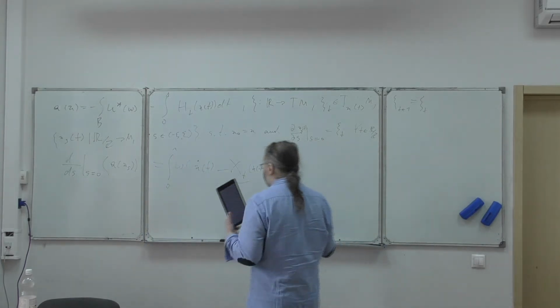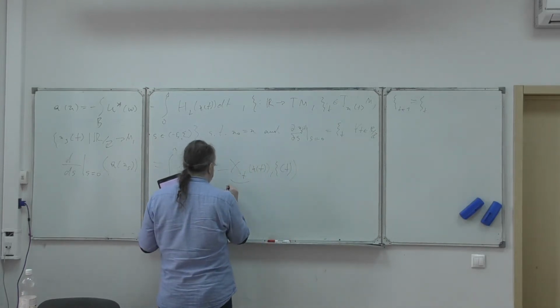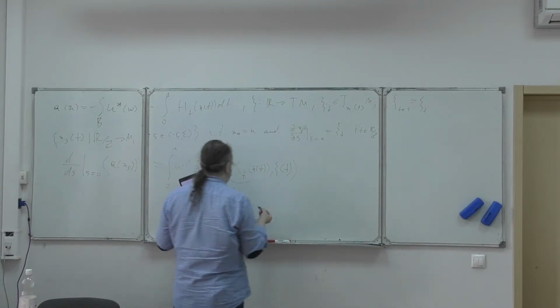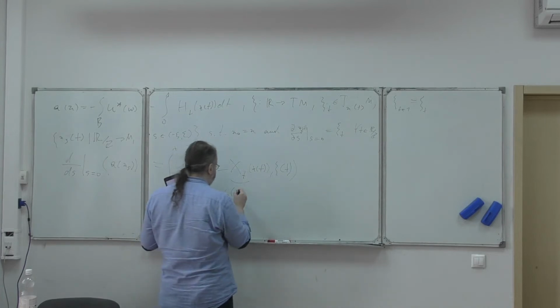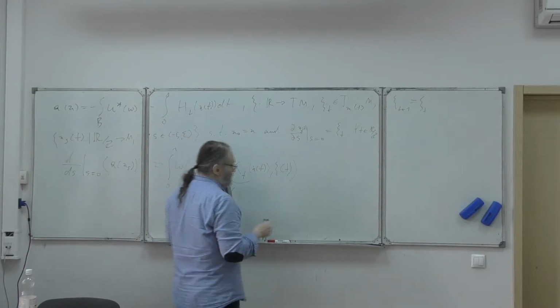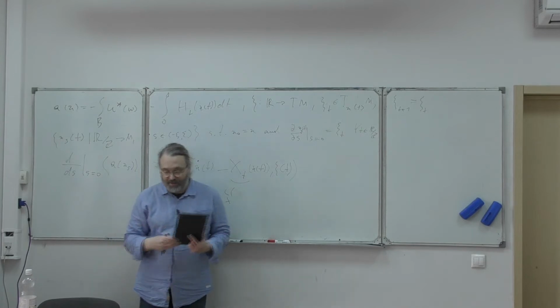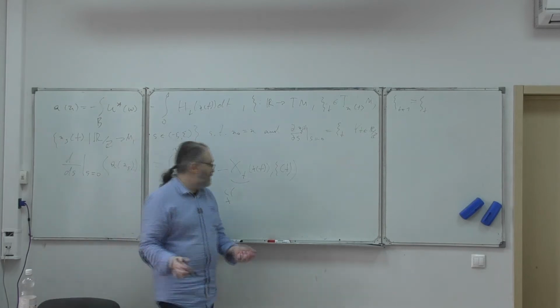Okay, I think this is the right notation. I think the correct terminology is the Hamiltonian vector field. Now, what is this field?